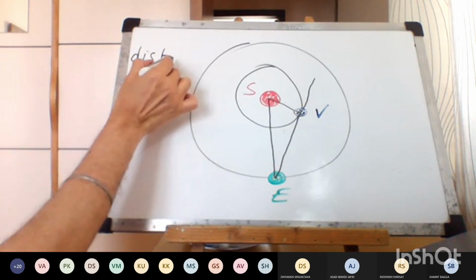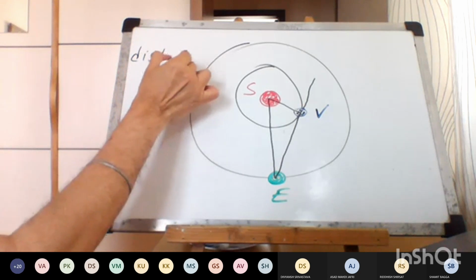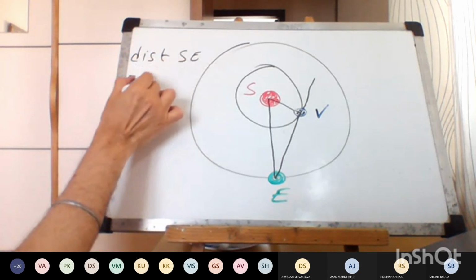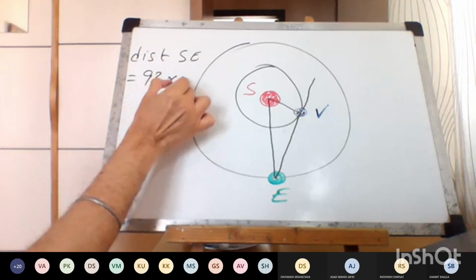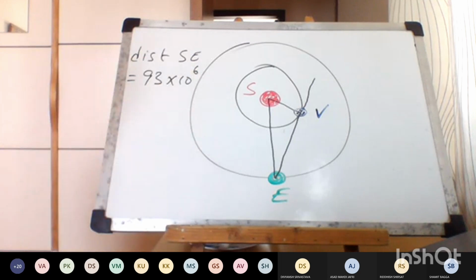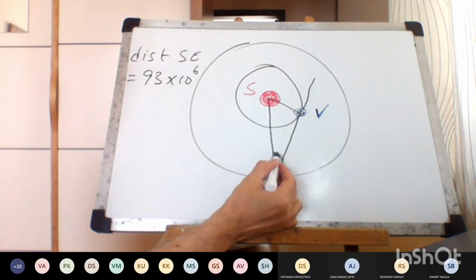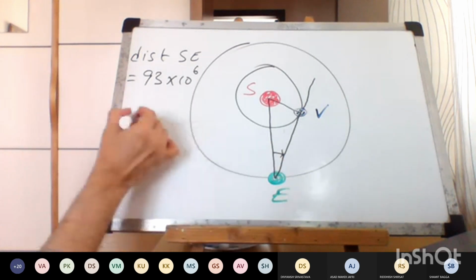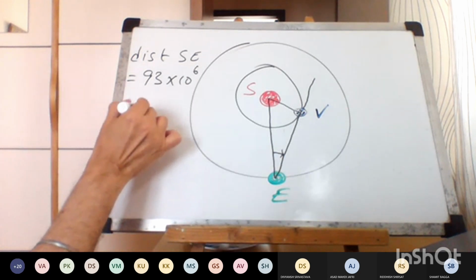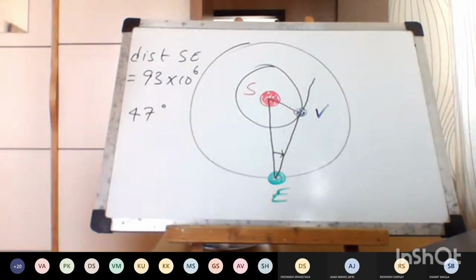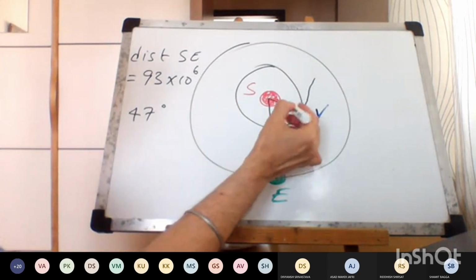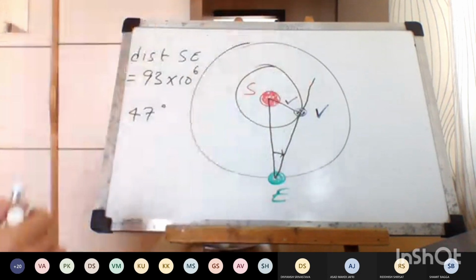The distance SE is equal to 93 into 10 to the power 6, 93 million miles. If I say the maximum angle of elongation is 47 degrees, can you find out the distance of Venus from the Sun for me?